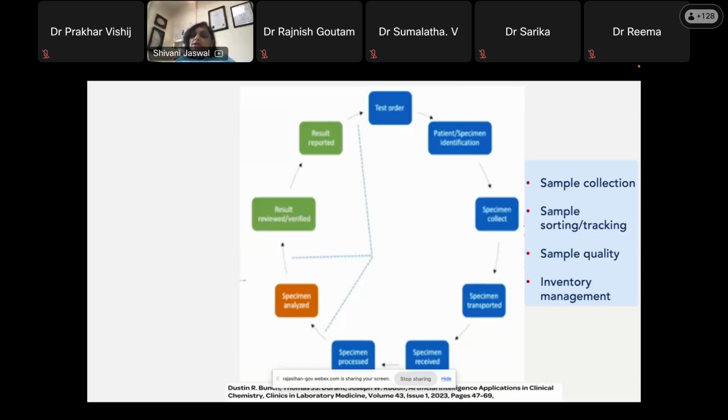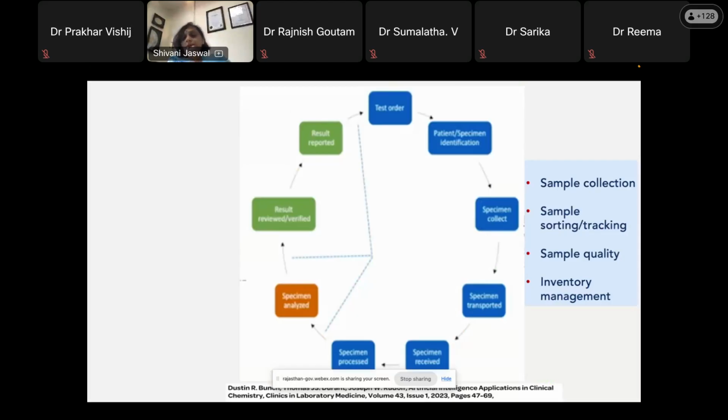So these machine learning tools can be utilized in the pre-analytical phase, where they can be used to identify potential errors in sample collection, handling or processing based on historical data, like what time the sample was taken and what time it reached the lab.